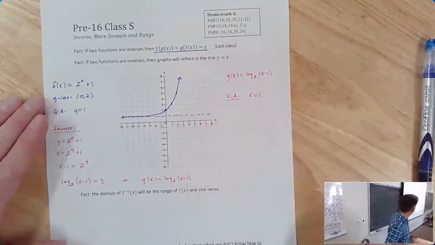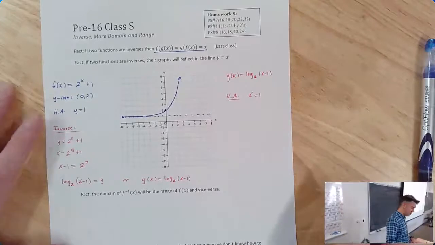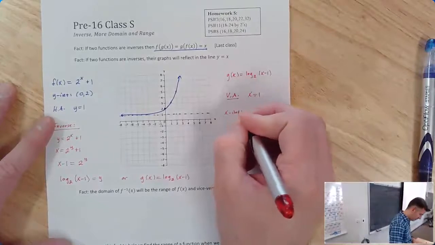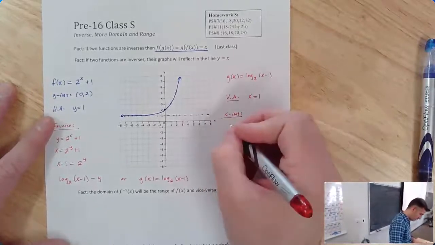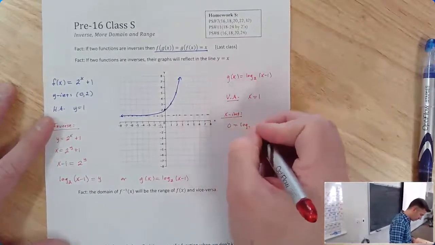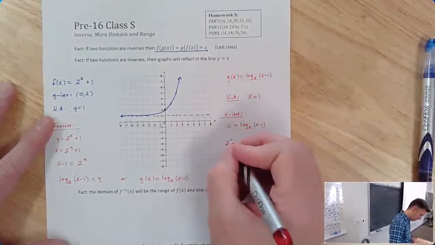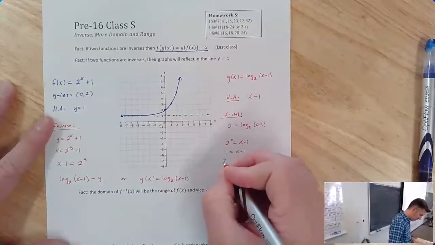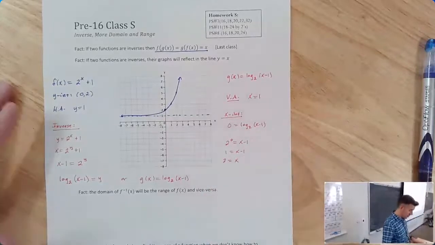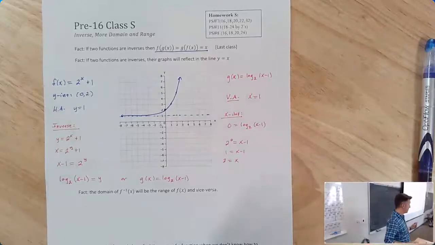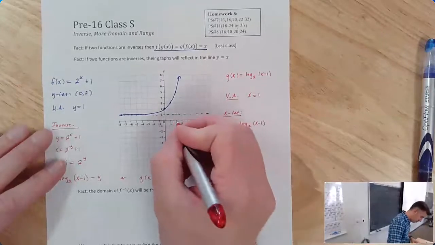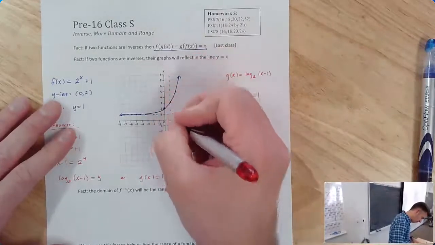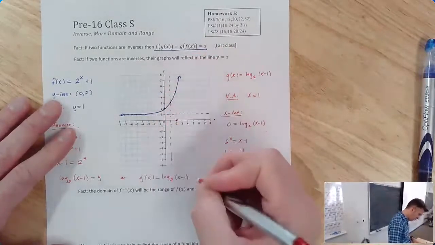And instead of a y-intercept of 0, 2, if we set y equal to 0: 0 equals log base 2 of x minus 1, 2 to the 0 equals x minus 1, 1 equals x minus 1, so 1 plus 1 equals x. So we get an x-intercept of 2, 0. We get that point, we get this vertical asymptote, and we get the usual logarithmic shape.